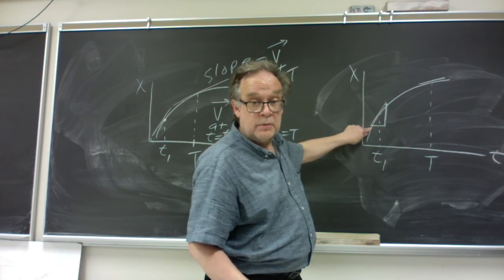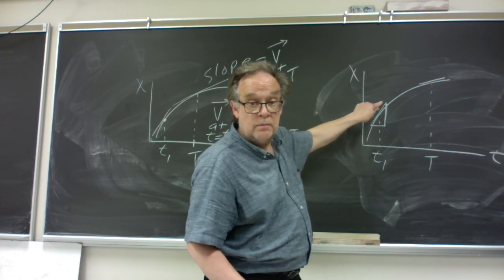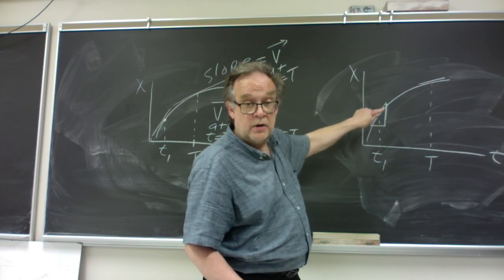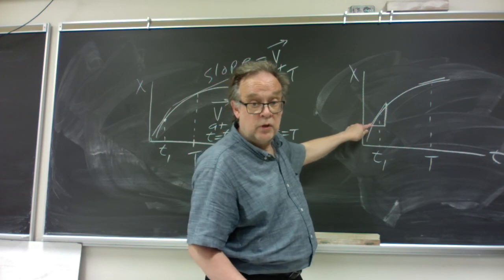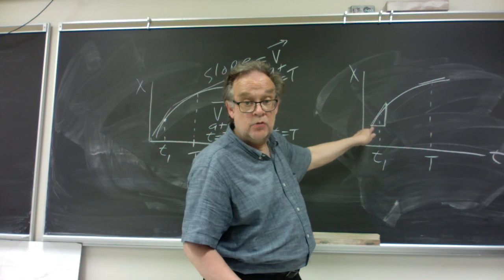The object was here at an earlier time, and it was here at the end of this time interval. So it moved this far in this time interval if it had had this constant speed for that whole time interval.